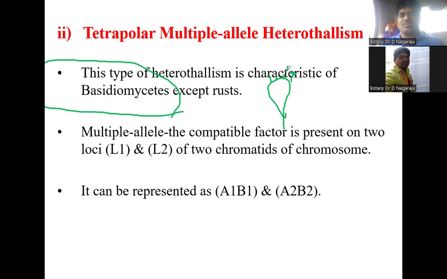That's why 4 basidiospores form, in the holobasidium, not in the phragmobasidium. Multiple allele is a compatibility factor. It may be in the single or in 2 locations.